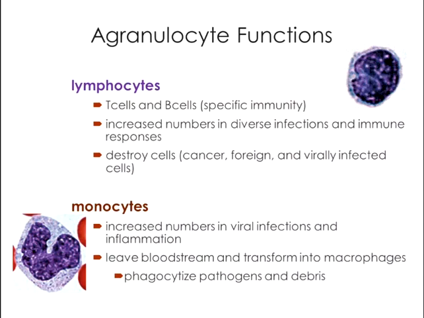Monocytes tend to increase in numbers during viral infections as well as in inflammation. They also are known for leaving the bloodstream, and once they get into the tissues, they're known as macrophages. You may remember in the liver, I mentioned specifically Kupffer cells, that are going to be found within the liver.